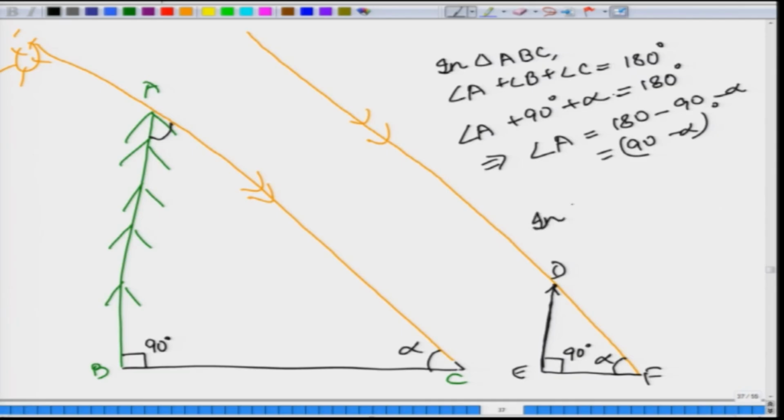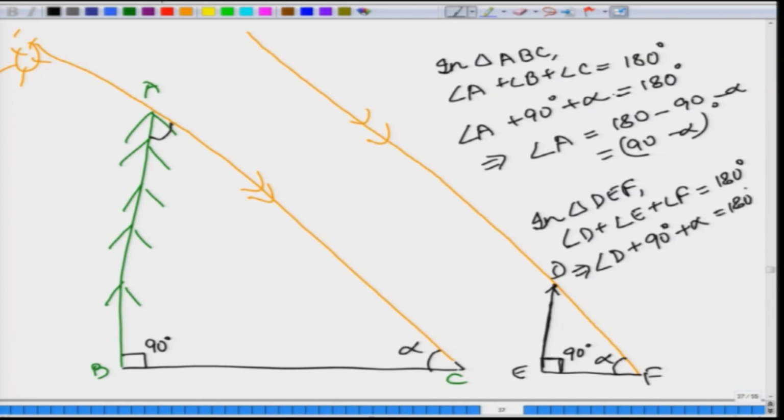Now, in triangle DEF, angle D plus angle E plus angle F is equal to 180 degrees. So, angle D plus 90 degrees plus angle F, which is alpha, is 180 degrees, which would mean that angle D is equal to 180 minus 90 minus alpha, which is 90 minus alpha degrees.